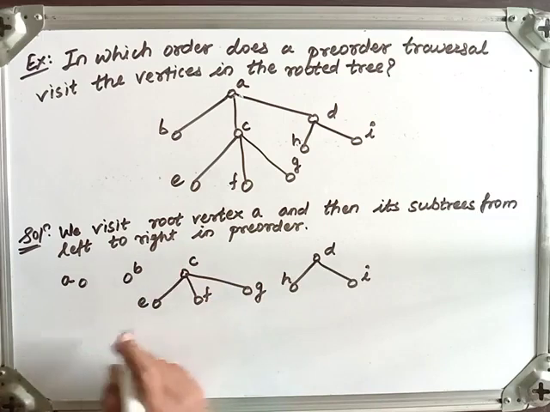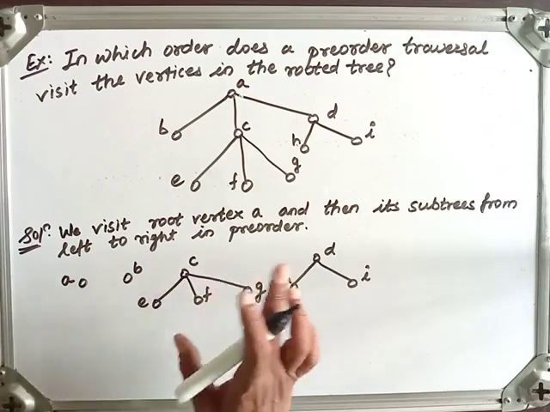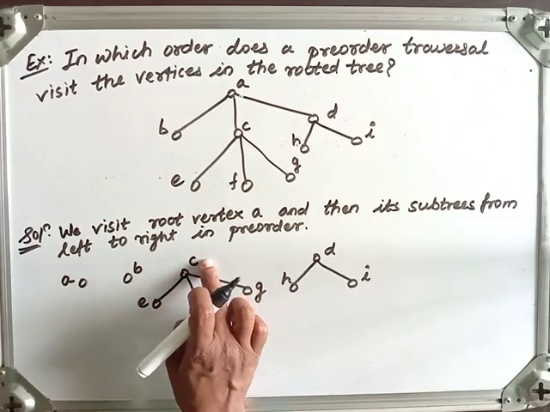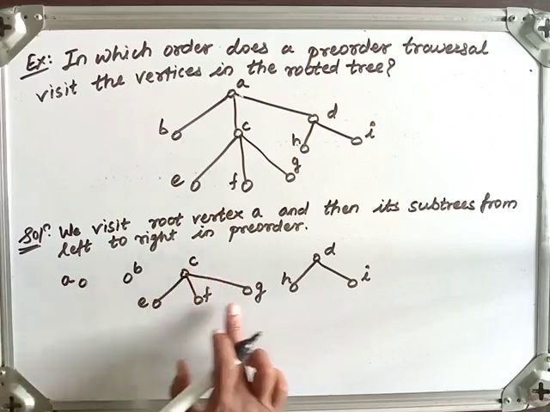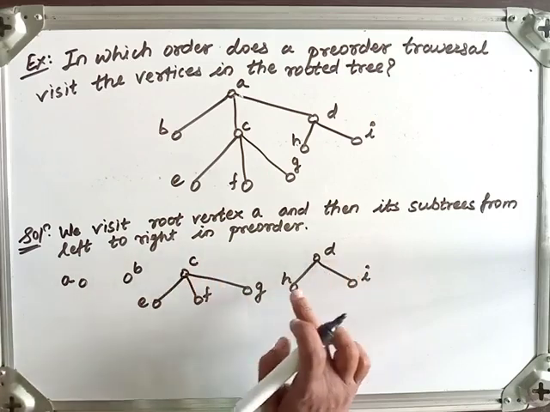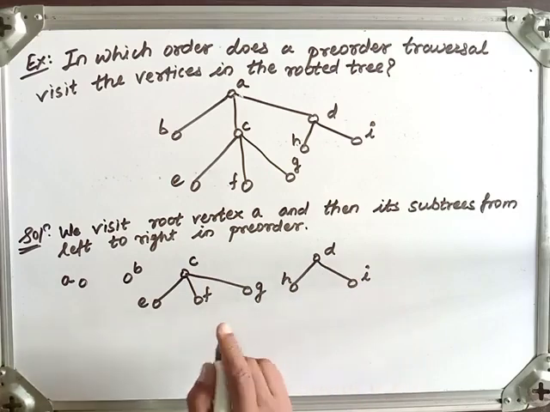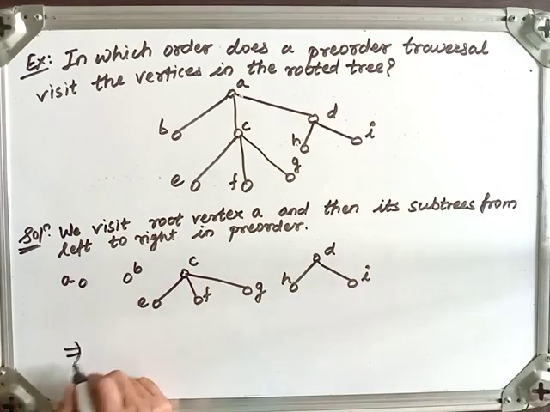So this subtree we are considering as our example. So here we will visit C first, then E, F and G, then visit D first, then H, I as such.